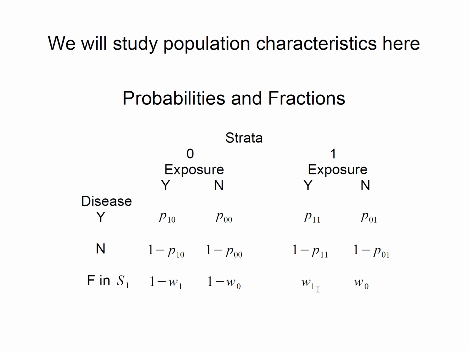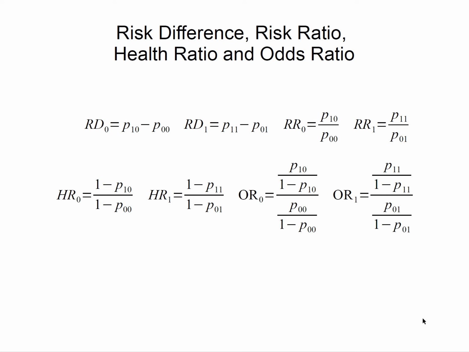Because if we wish to think about the population characteristics here, we're going to have two risk differences, one for strata 0, one for strata 1, two risk ratios, one for strata 0, one for strata 1, and so on. Two odds ratios, two hazard ratios. Okay. These are terms that we've seen going right back again to session 1.